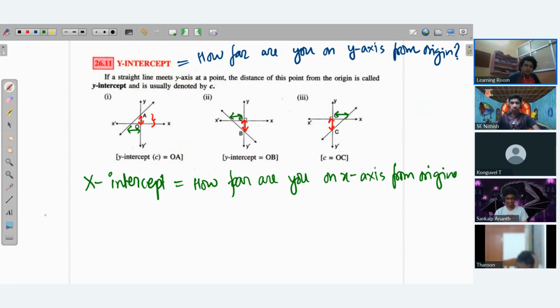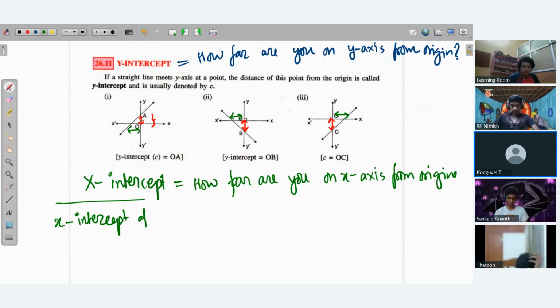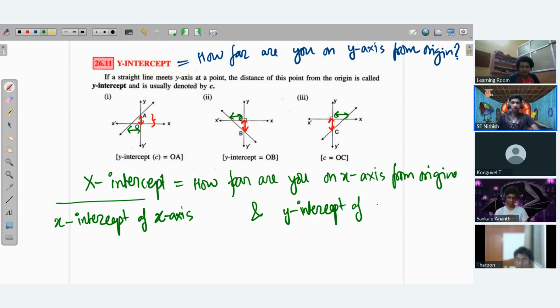Now coming to the x-intercept of the x-axis, is it infinity? And the y-intercept of the y-axis, I think it's undefined. No, I think it's the same.